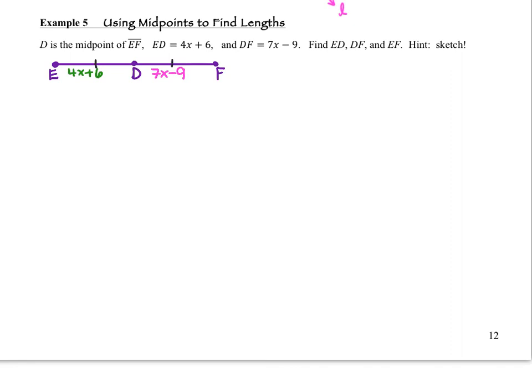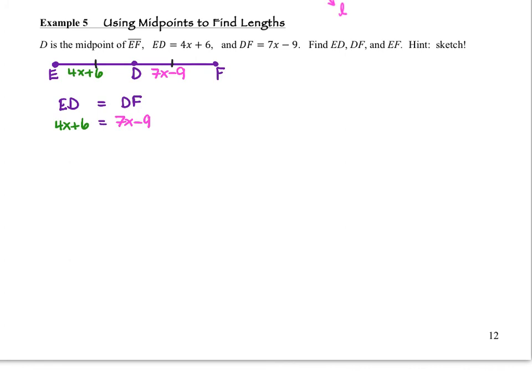So we're going to set it up as an equation with length ED equal to length DF. So now that we've got that set up, we can substitute in. So for ED, we're going to substitute in 4x plus 6, and we're going to set that equal to the length of DF, which is 7x minus 9.